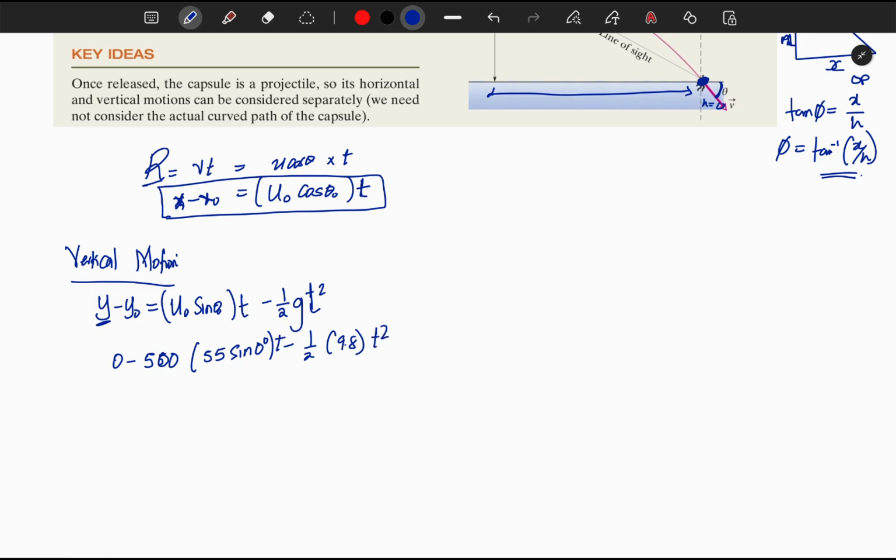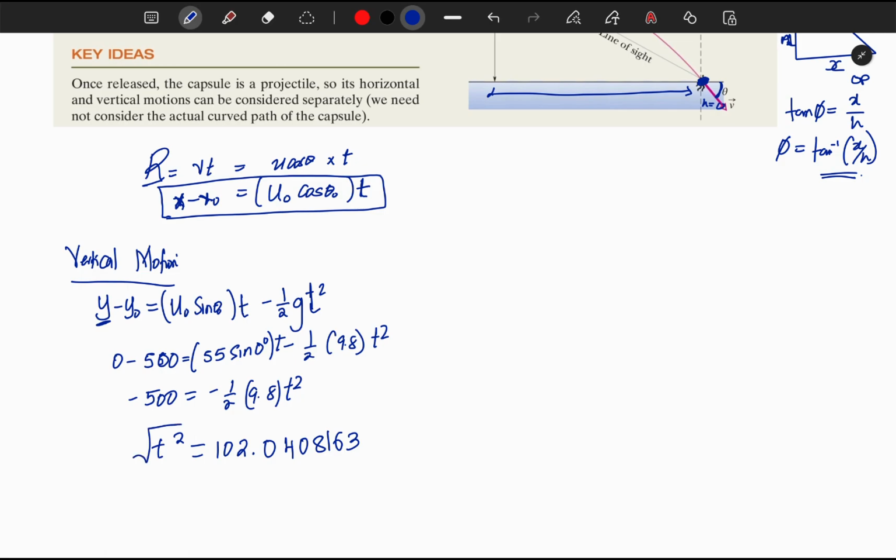This gives us 0, so we get negative 500 is equal to negative half 9.8 t squared. So can you confirm with me that if I divide 9.8 by 2, then I divide it this side, you are getting something like 102.040863. That's what I'm getting.